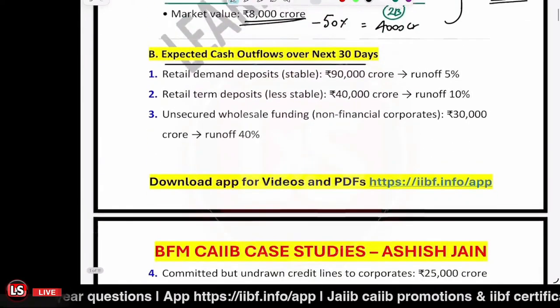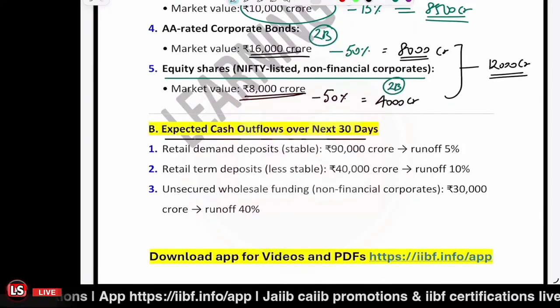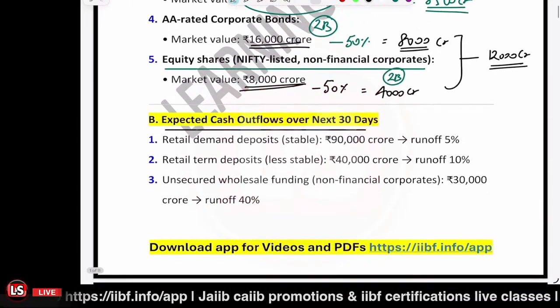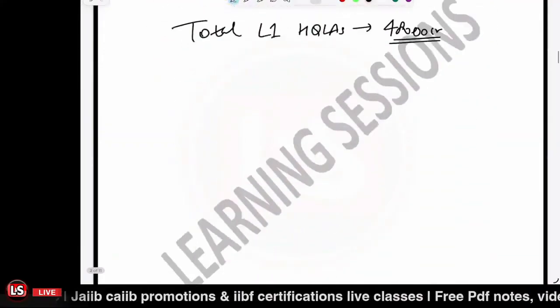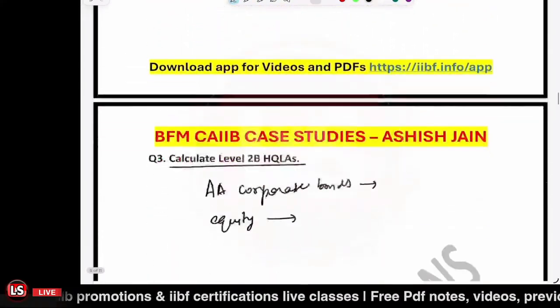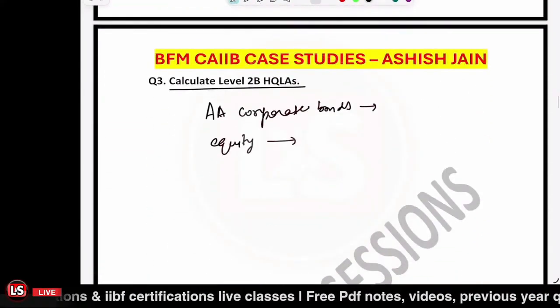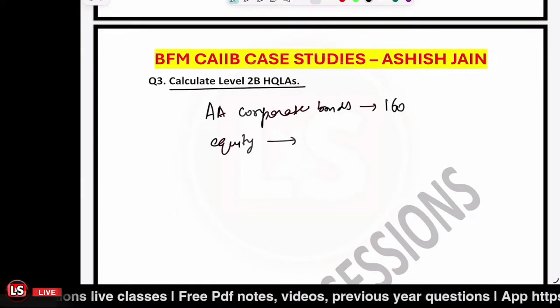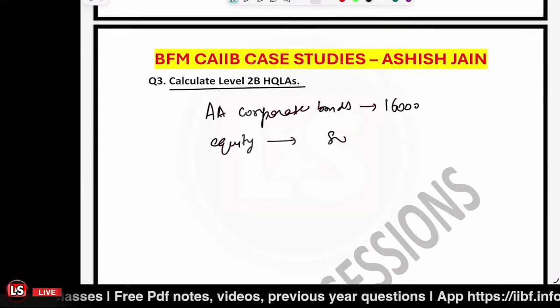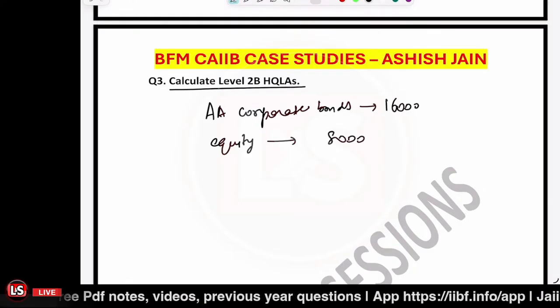Okay. So 16,000 crores and 8,000 crores: 16,000 crores is the value for the AA corporate bonds, and for equity we had 8,000 crores of value, right?